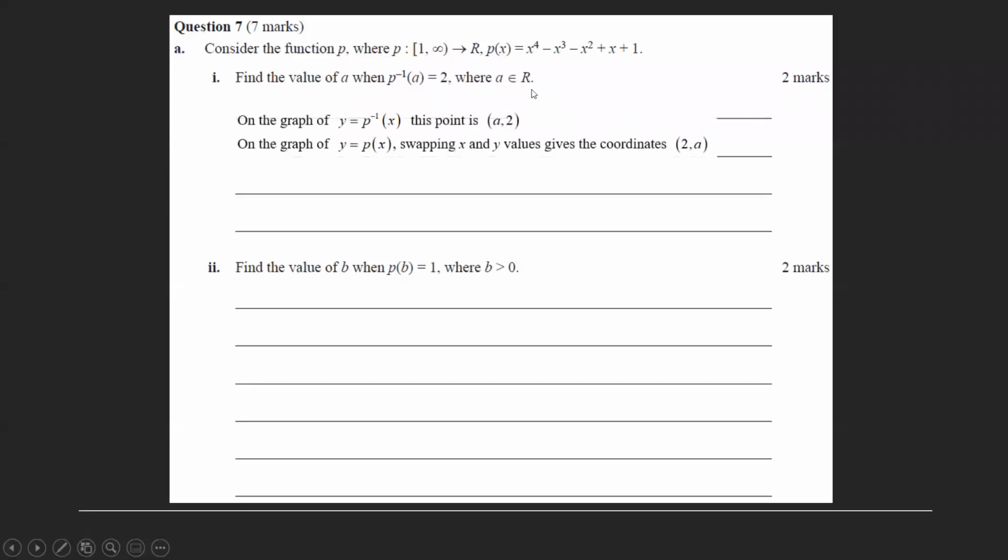The idea is on the graph of p inverse, the point reads as a comma 2, but it's an inverse function. So you trace back to your original function by swapping x and y. Therefore, on the original function, it's 2 comma a. So x equals 2, y equals a. So the idea is to substitute x equals 2 into your original function instead of finding the inverse function itself.